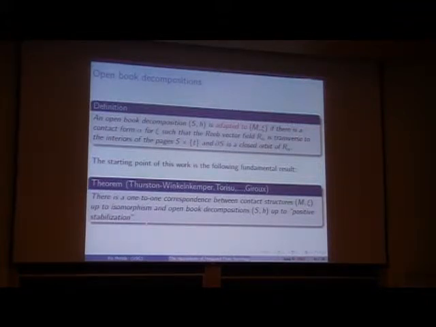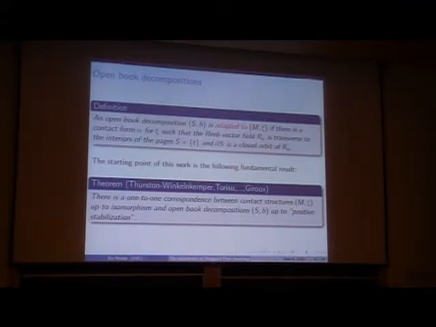So the starting point of this work is the work of Thurston, Winkelnkemper, Lorisu, Giroux, which says that there's a one-to-one correspondence between contact structures up to isomorphism and open book decompositions up to positive stabilization. I actually won't tell you what positive stabilization is, because during the talk it won't be important.